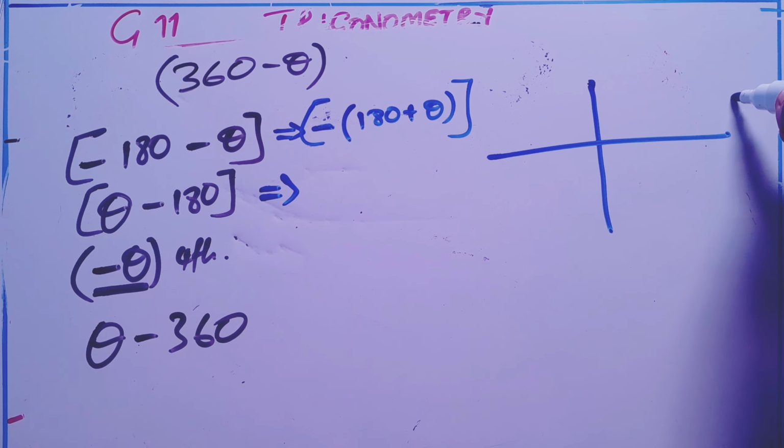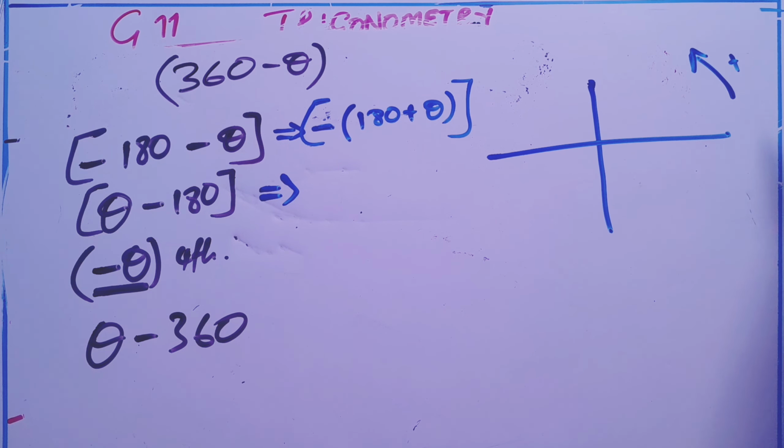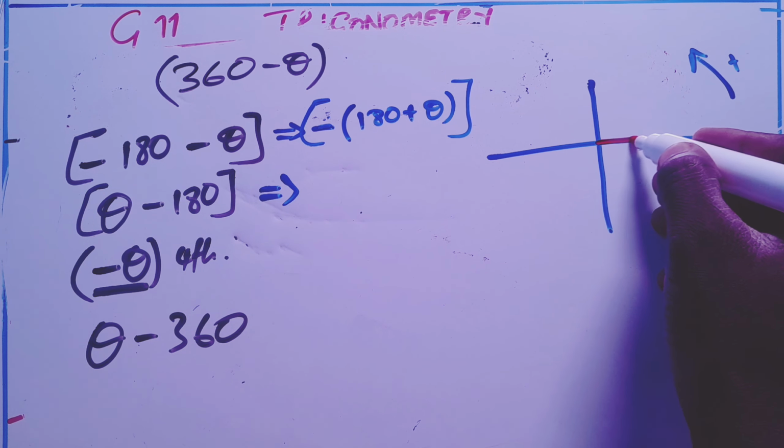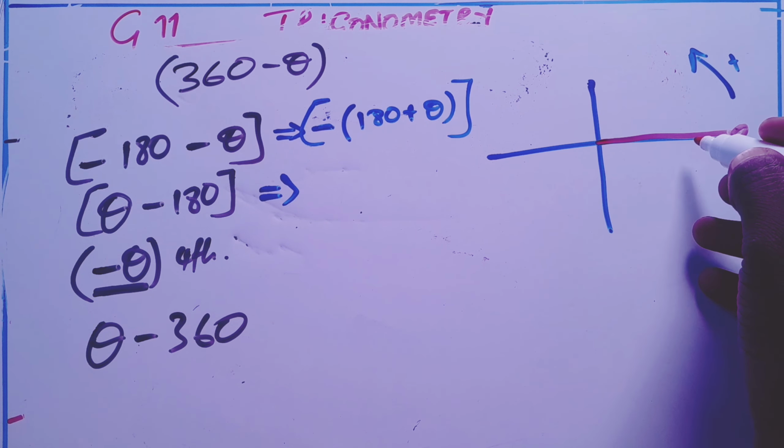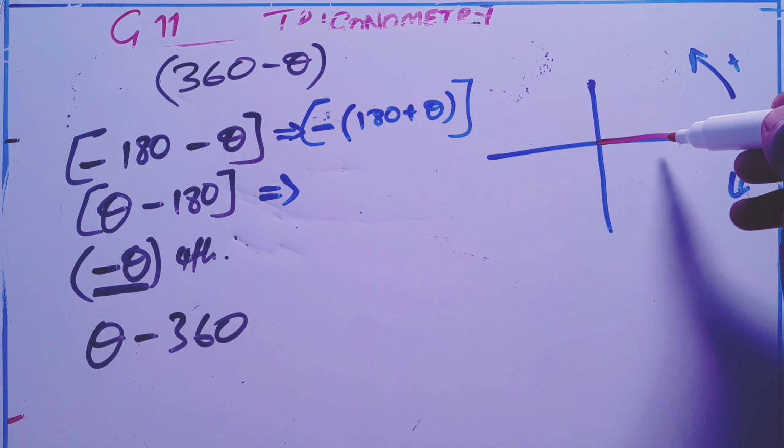Don't forget that I said going that way we're adding angles, and going that way we're subtracting angles. So if we have a situation with negative 180 negative theta, let's first subtract 180. If we're on the zero line and we subtract 180, this is minus 180.